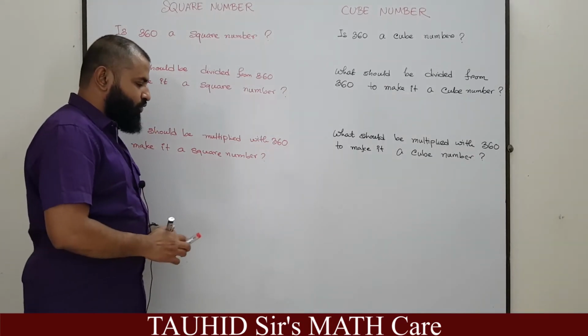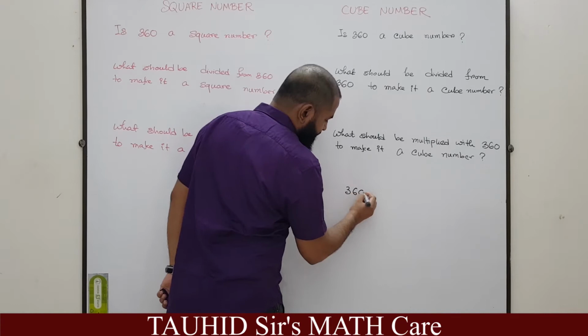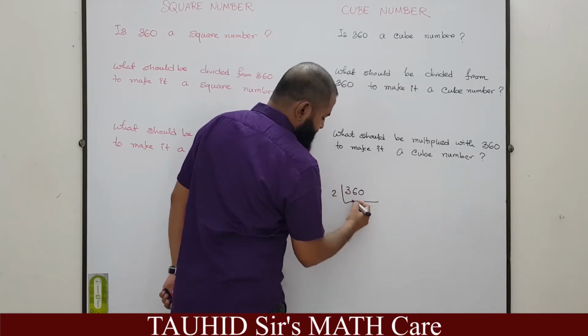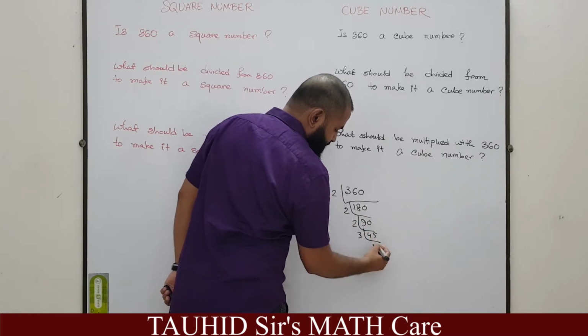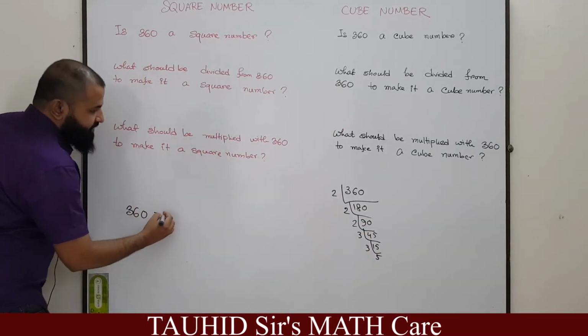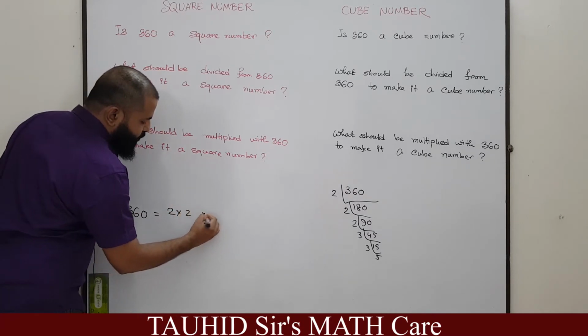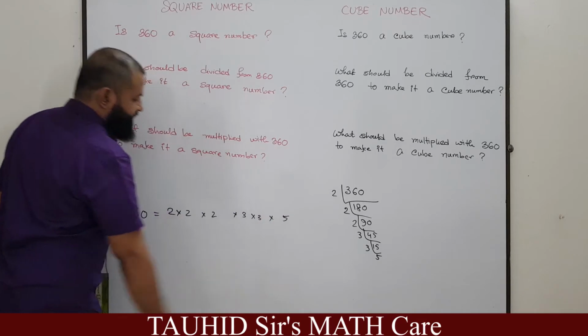So let's see whether 360 is a square number or not. At first, we will factorize this. If we divide it by 2, we get 180. Then we can find that 360 is 2 into 2 into 2 into 3 into 3 into 5.